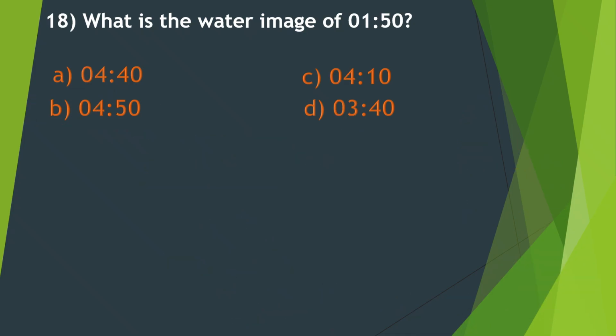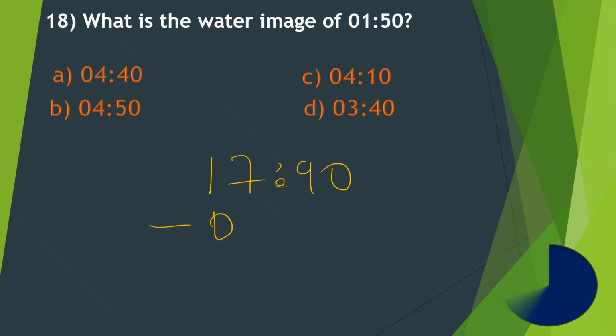What is the water image of 150? Timer starts now. Here also you need to borrow. Okay. 150 is given. Here you need to subtract it from 1790 minus 150.